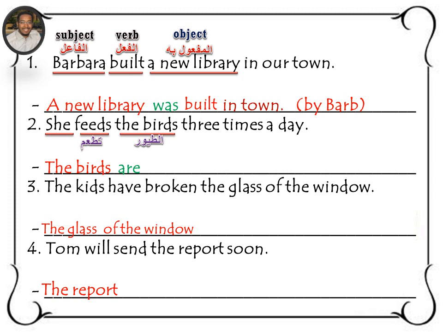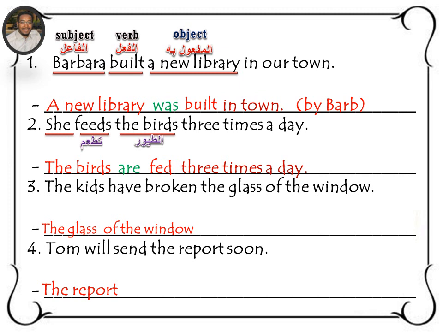Step number 3. Very nice. Fed, the past participle of the verb to feed is fed, and 3 times a day. Nice. The birds are fed 3 times a day.